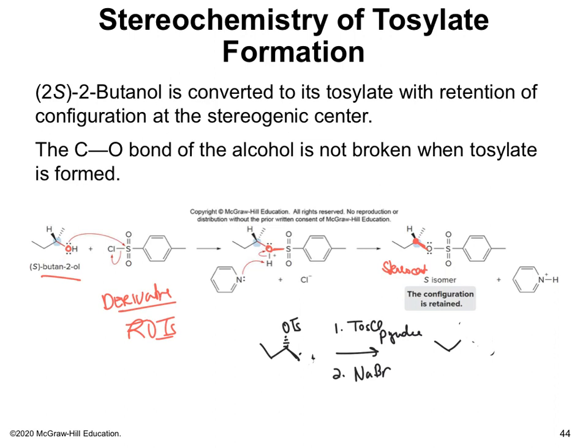So let's say this is an OH. So this becomes O-tosyl. You see how you're derivatizing the oxygen here to make a new bond. That's not a stereocenter. You have not touched your stereocenter there.